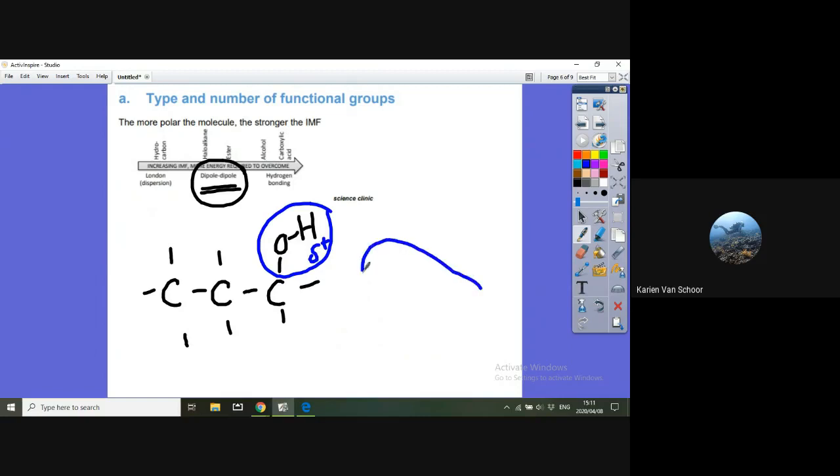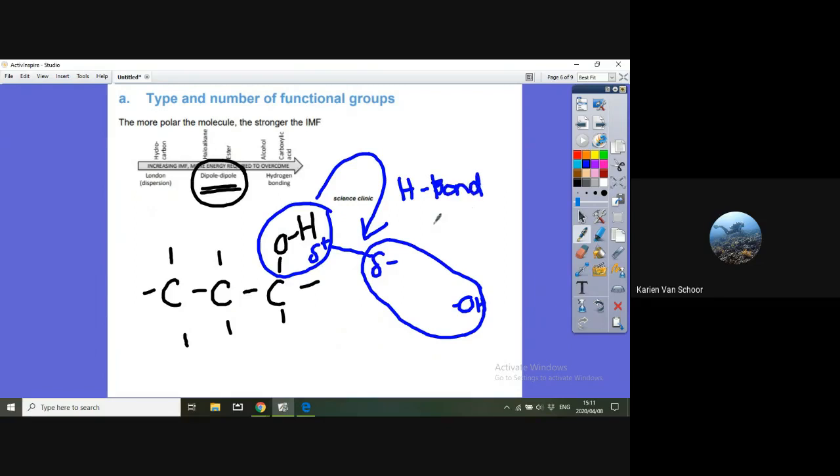If I have that exact same molecule, it's going to be attracted to the delta negative of the other molecule. That one's OH will be on this side, the delta negative. And the hydrogen bond, remember, is between the two molecules, not between the O and the H. So that's my hydrogen bond. And please, I don't want you to just say hydrogen bond. I want you to say hydrogen bond intermolecular force.